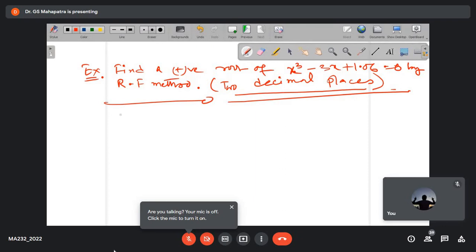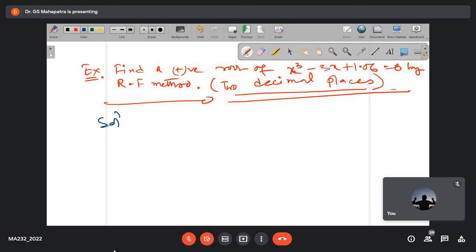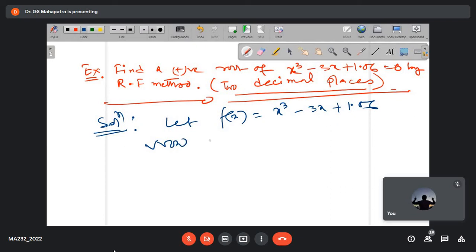Now what is the process, how to write the solution, so that you can get full marks in the exam. Let f of x equals x cube minus 3x plus 1.06. Now f of 0 equals 1.06, greater than 0.